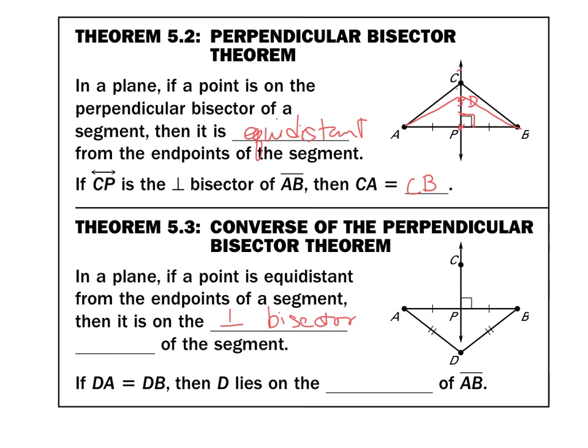So in other words, in this diagram, if DA and DB are of the same length, then this point D lies on the perpendicular bisector of AB. And the perpendicular bisector of AB looks like it is CP. Okay?